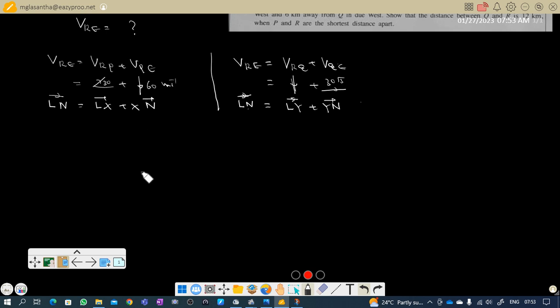First, draw LN; LX is in this direction, at 30 degrees. Then XN is 60.